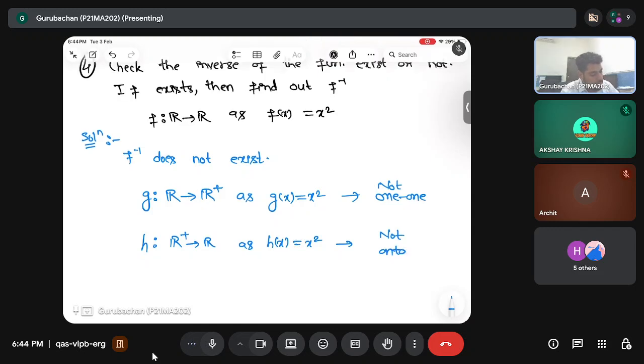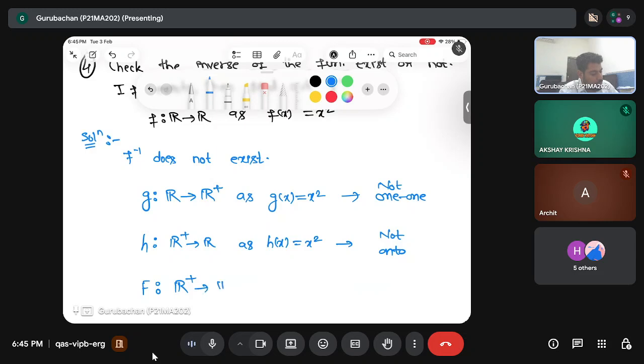Now suppose some new function we define, capital F, from R positive to R positive, as f of x is equal to x square.